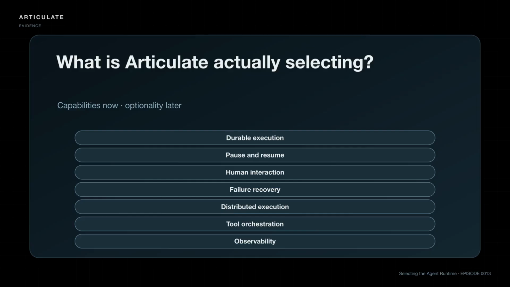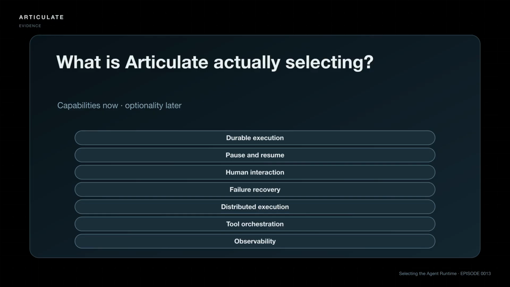That gives me a much better set of criteria. Articulate needs durable execution, long-running workflows, pause and resume, human interaction, failure recovery, distributed execution, tool orchestration, and observability. And importantly, I don't want this decision to force decisions that I haven't made yet. I haven't decided a cloud provider.